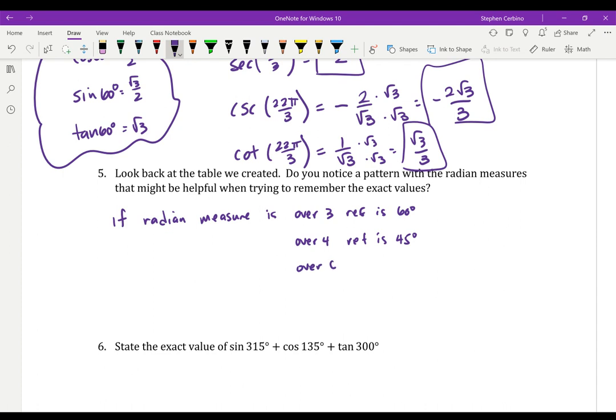And over 6, the reference angle is 30. So for example, if theta is 137 pi over 6, I know because it's over 6, that reference angle is going to be 30 degrees. It's really that simple, right? Just knowing what this number on the bottom is tells us which one these are. Now, if it's not 6, 4, or 3, it's just a random number. It's not one of these special exact values that we're looking at.